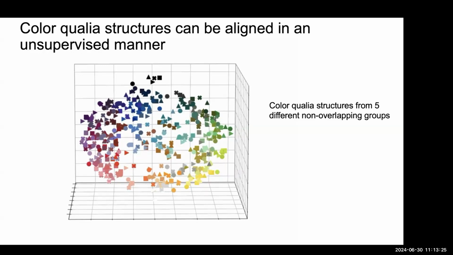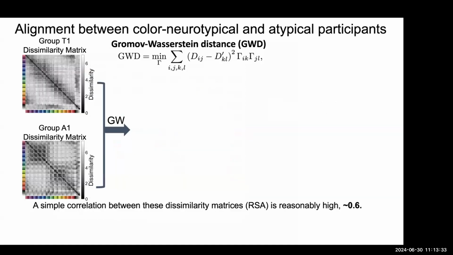Then let's move on to the non-trivial case, alignment between color atypical and color neurotypical participants. We have a dissimilarity matrix for color neurotypical and color atypical participants. And the simple correlation between these dissimilarity matrices is reasonably high, 0.6.